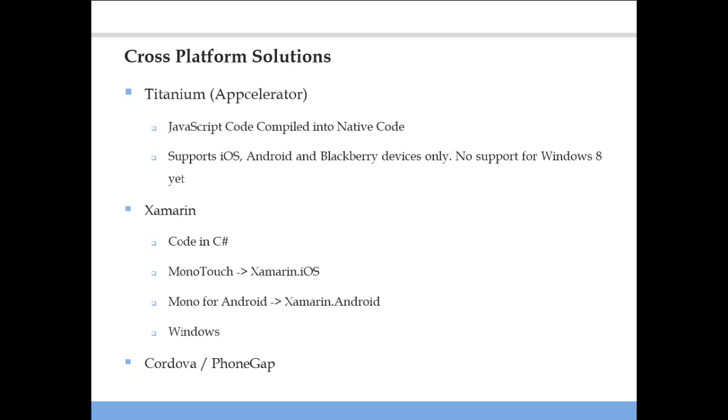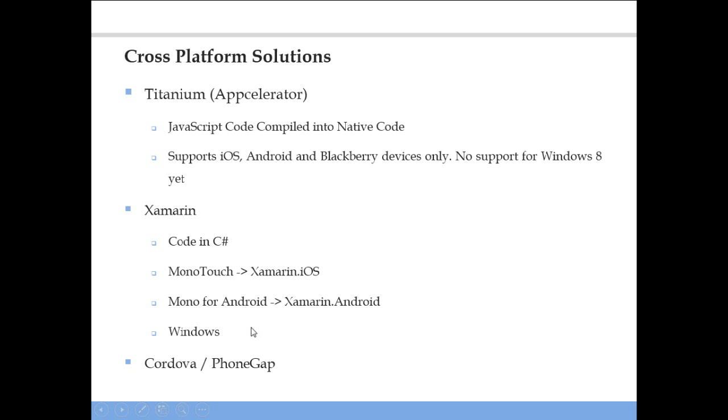Since Mono was primarily developed to run your .NET applications on Linux, they developed Mono Touch for iOS and Mono for Android to run C# or .NET based applications on iPhone or Android. Later, this initiative was acquired by Xamarin, another company which started working on developing this platform for iOS and Android, and now they call it Xamarin.iOS and Xamarin.Android.